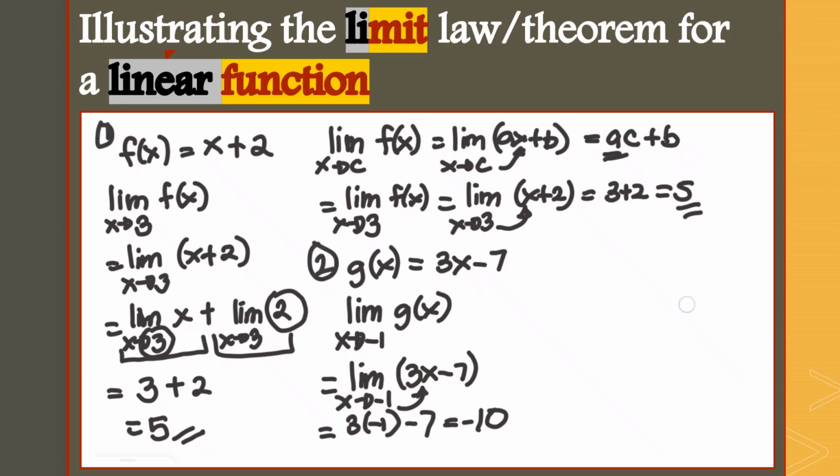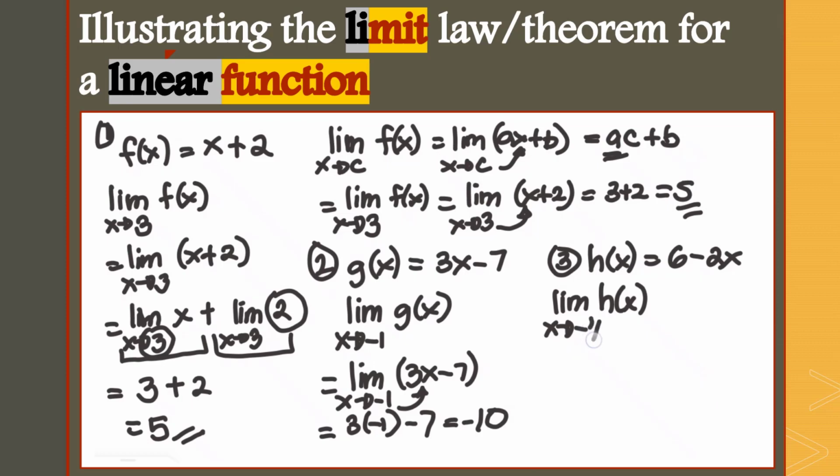Let's have one last example. Let h of x equal 6 minus 2x, and we're solving for the limit of h of x as x approaches, let's say, negative 1/2, so we could try fractions.